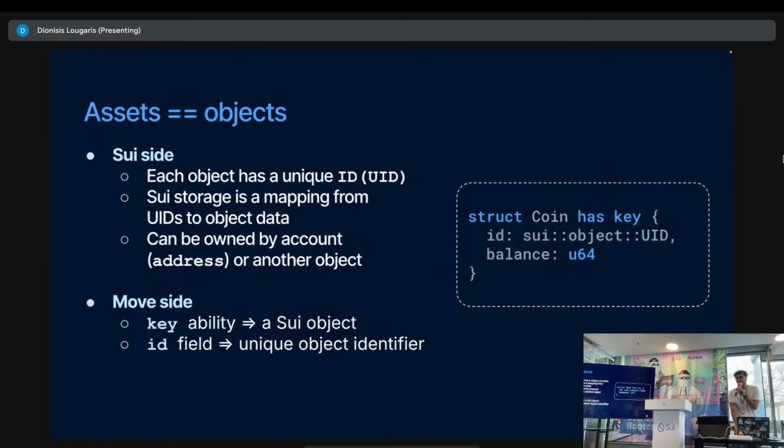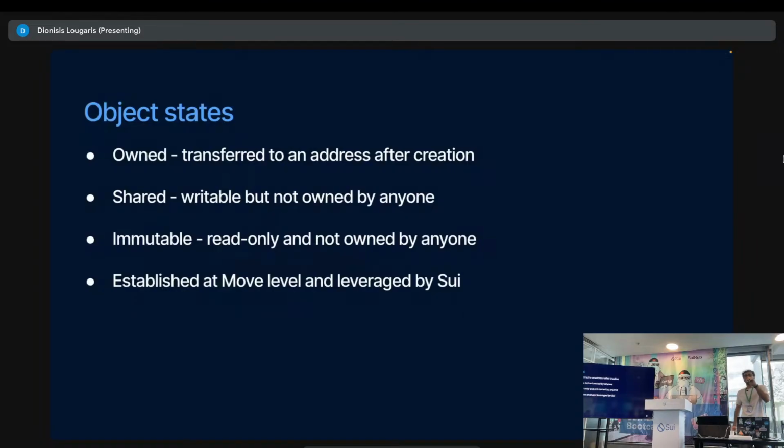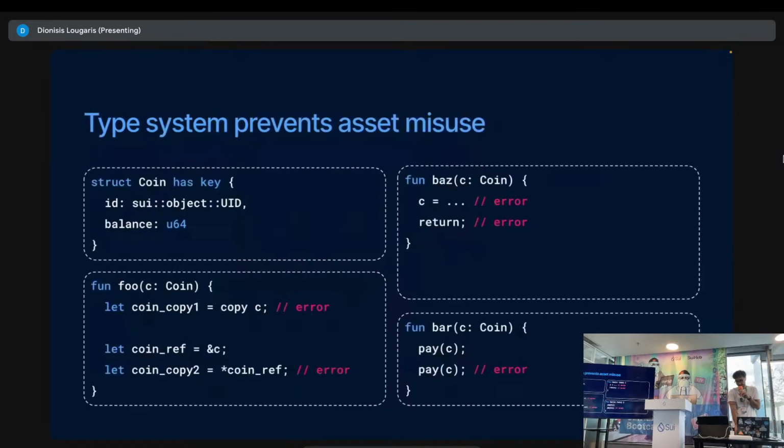We went through the slide before. And again, reminding you, the object states are owned objects, like the car title and the coin, immutable, like the contracts, and system objects. Now time for another, let's say, mini quiz here. We have 3 pieces of code which are wrong and have some errors.